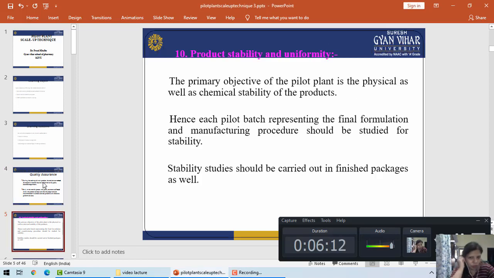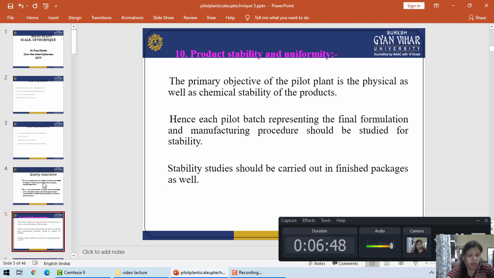Now, next is the product stability and uniformity. The primary objective of the pilot plant is the physical as well as chemical stability of the product. So when we are doing the pilot plant, first of all, we need to check the stability of the formulation, because chemical and physical stability of the product is essential for making the formulation.